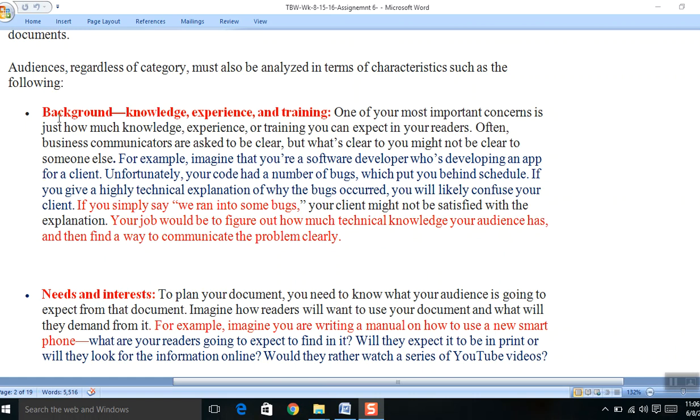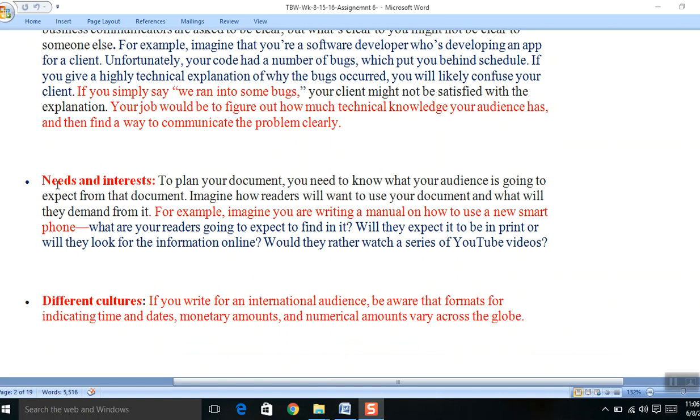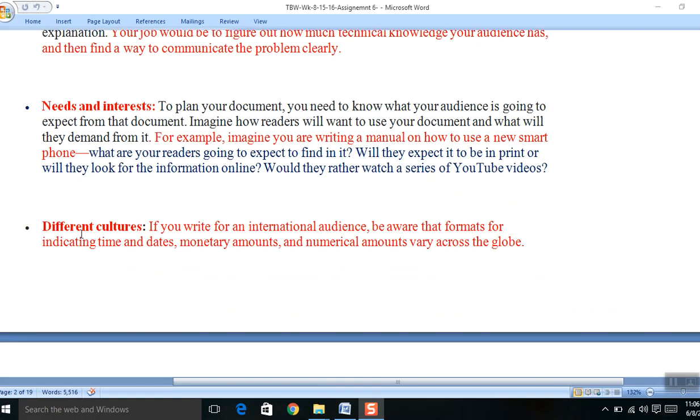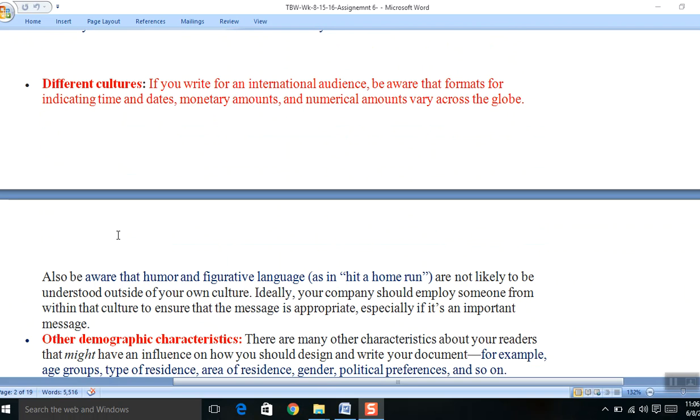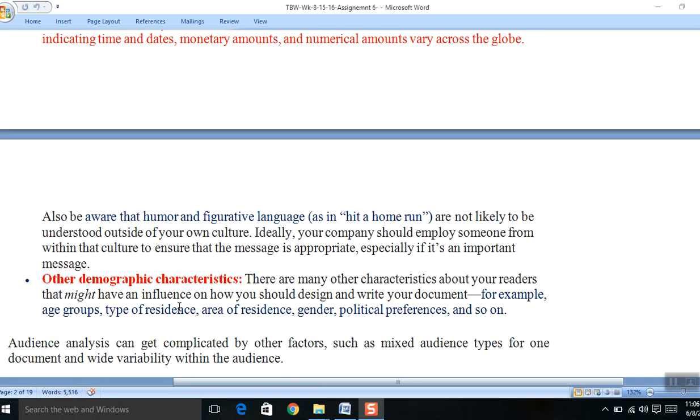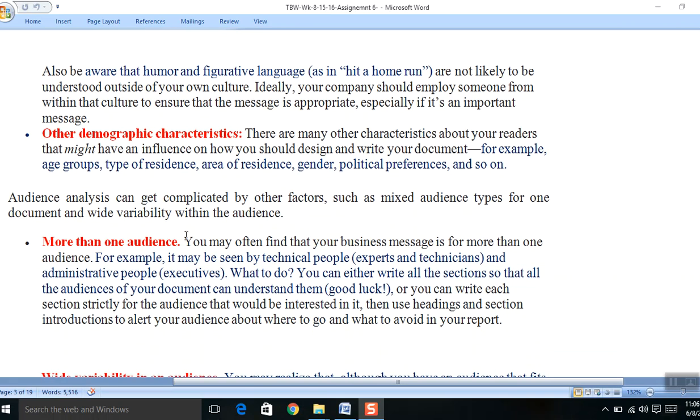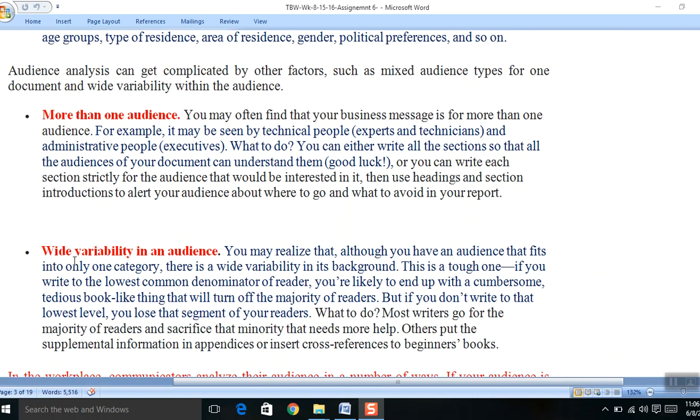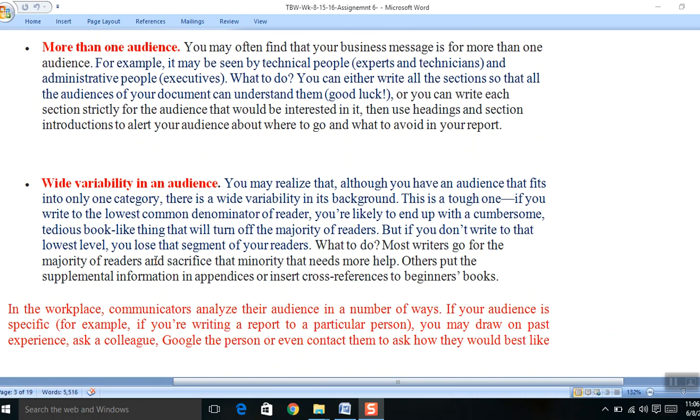These are the following points. Examples have already been expressed: background, knowledge, experience, and training, needs and interests, different cultures, other demographic characteristics, more than one audience, wide variability in an audience, that is, when audiences are more than one.